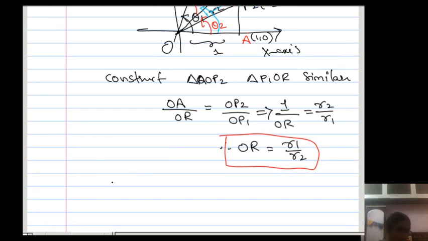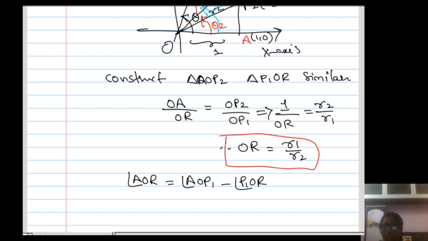So finally I can prove it. The angle AOR is AOP1 minus P1OR. The angle P1OR is the same as AOP2 because they are similar triangles.